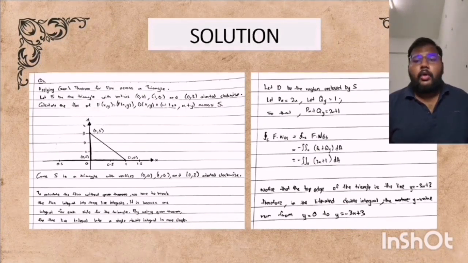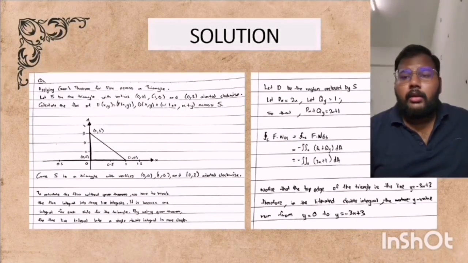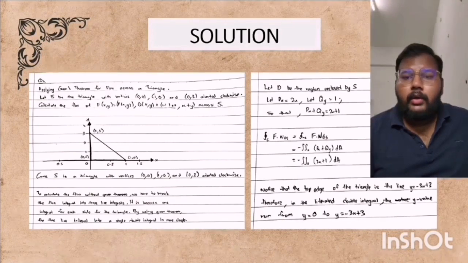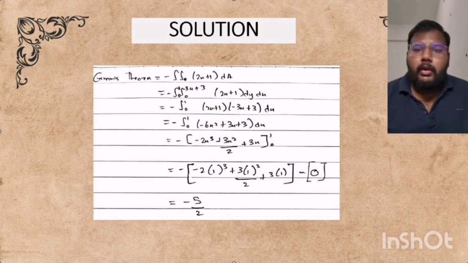Notice that the top edge of the triangle is the line y equals negative 3x plus 3. Therefore, in the iterated double integral, the y value runs from y equals 0 to y equals negative 3x plus 3. First we integrate with respect to y up to negative 3x plus 3 and we get negative 6x squared plus 3x plus 3. After that we do the second integration.